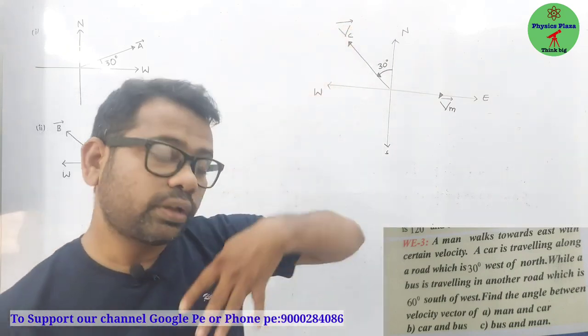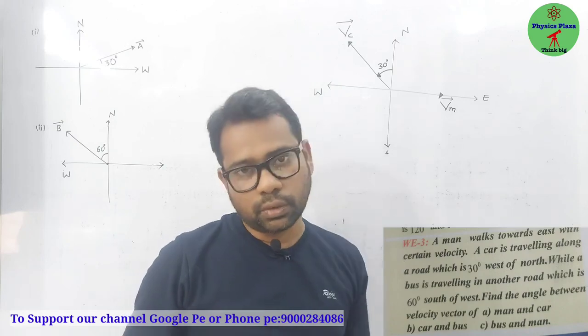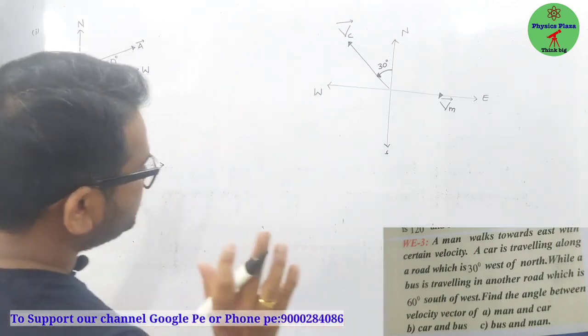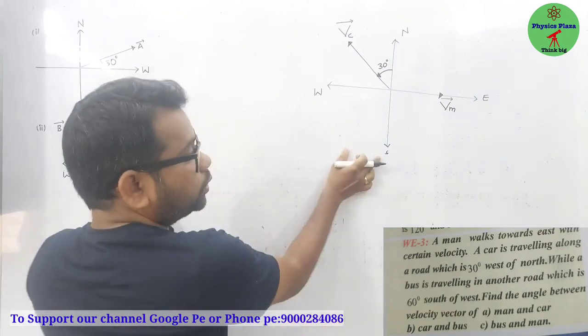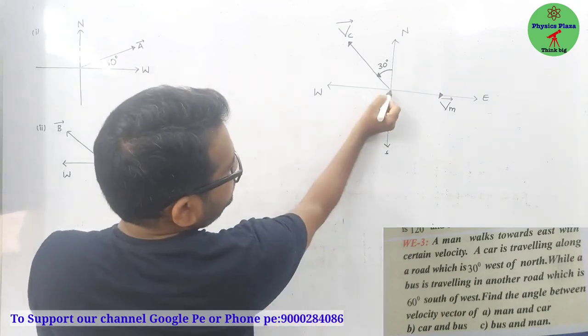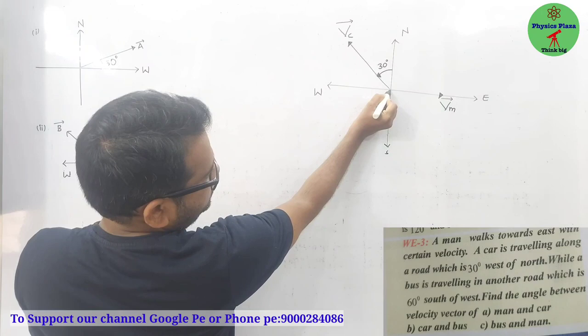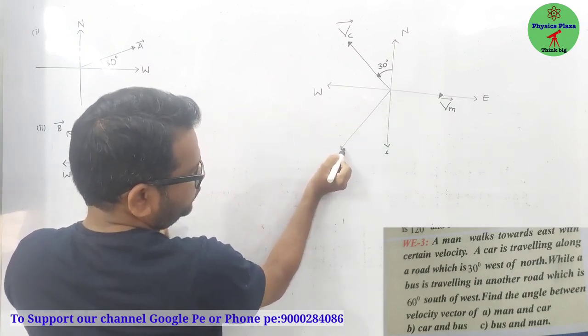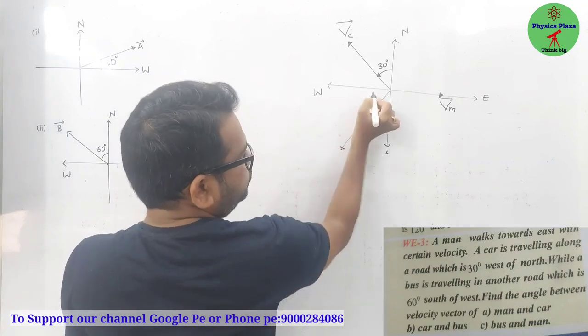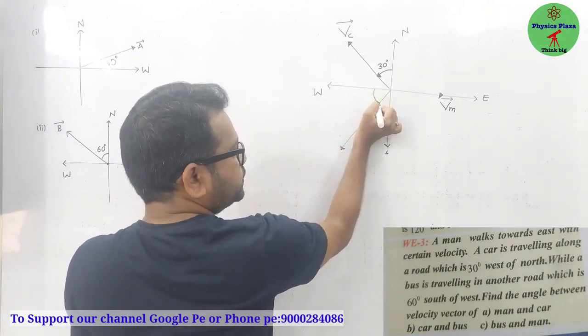And one more bus is going along another road such that it makes 60 degrees south of west. South of west means towards south from west.